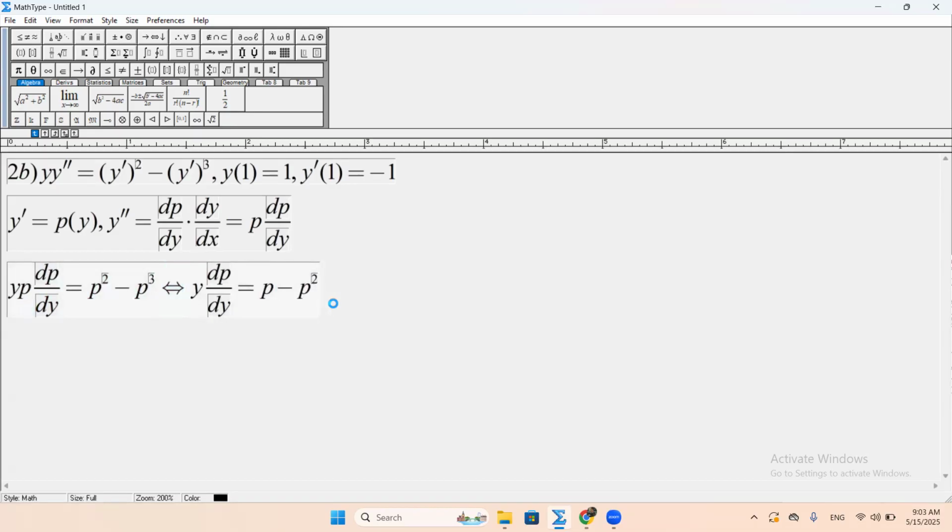And now we will separate variables. So what do we have? So dp over p minus p square equals dy over y.